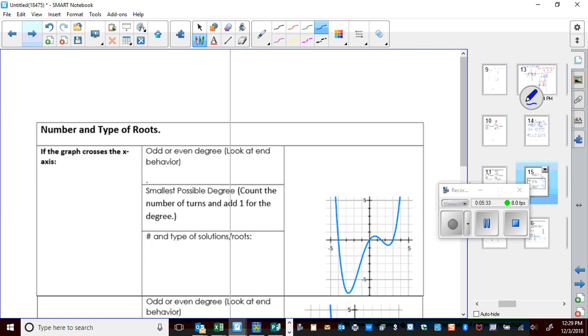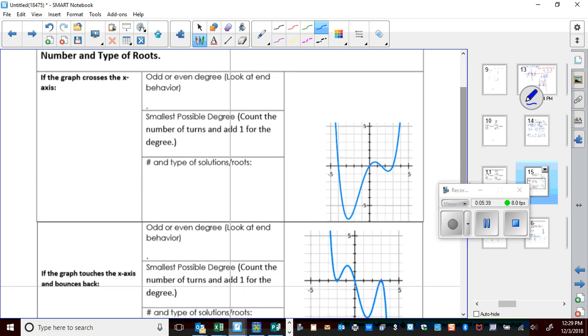Now, for these right here, we're going to be looking at the number and the type of roots. So remember, when I talk about complex roots, we're referring to the total number of solutions. So we're going to get the complex roots, total number of solutions, the real roots, and the imaginary roots.